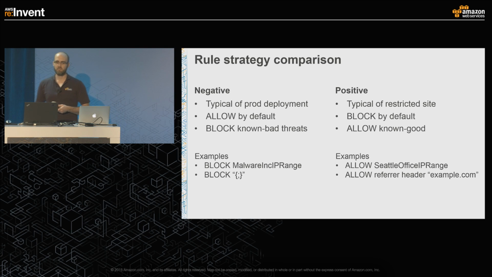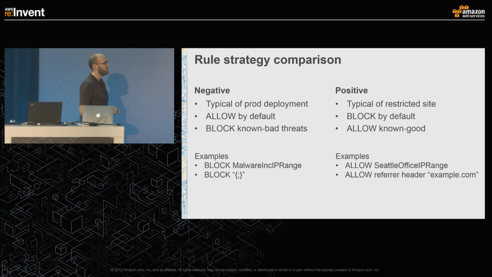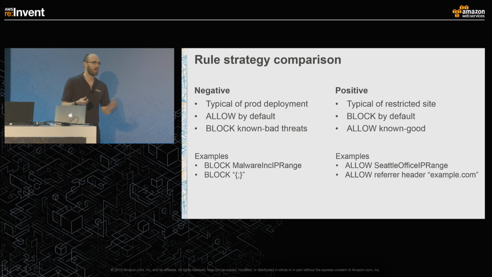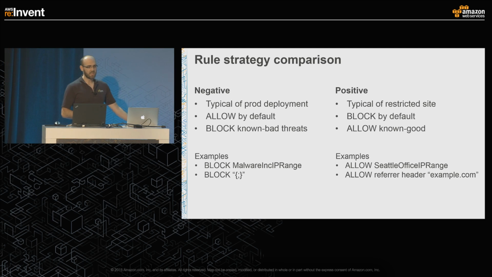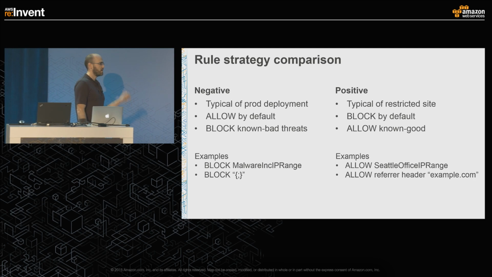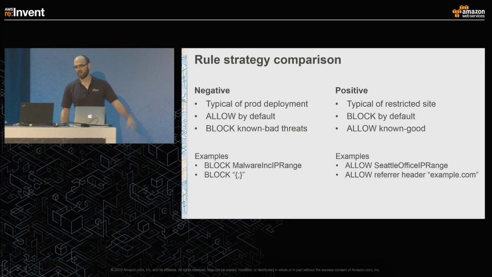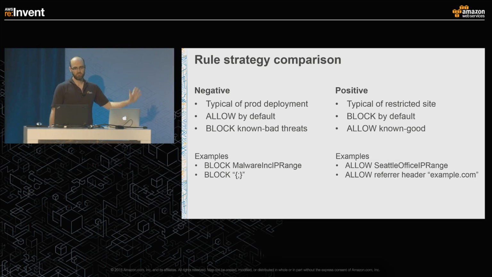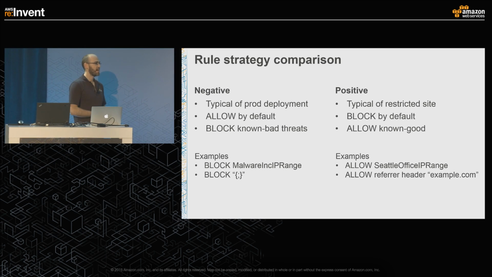And this is, for web application firewalls, the most typical implementation, because a lot of customers are running WAFs with public websites. Some examples of specific rules you might block for: there's a network range out there that's just known for generating malware and bad stuff. I'm going to block that. Or the next Shellshock might come out, and you know that that's bad and not valid.